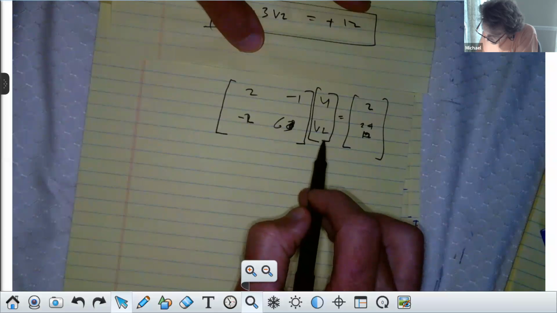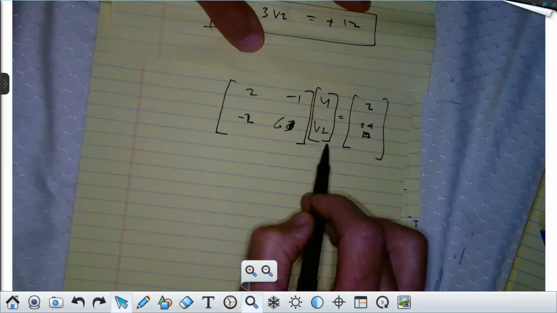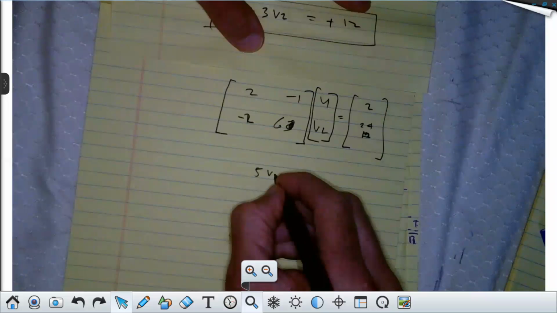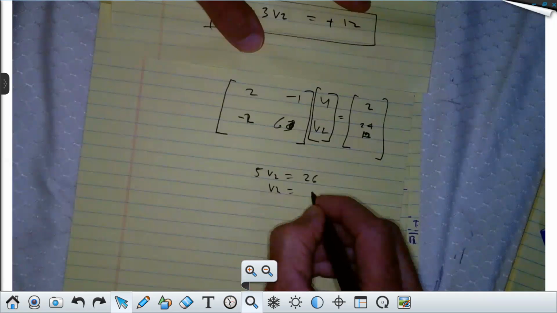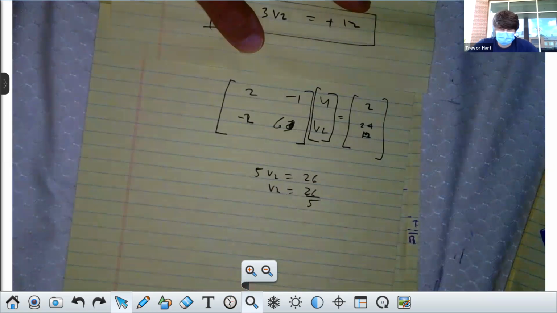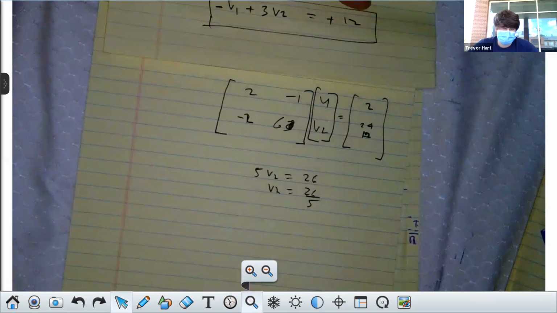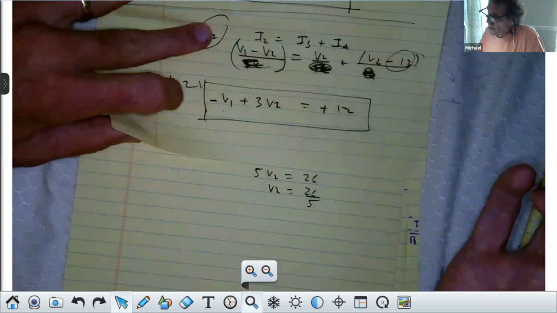Then I would have 5V2 equals 26. You agree with that? Yes. All right, now could you solve for V1 as well? Yeah, substitute. Well, if you have V2, you can stick it here or here and get V1, correct?